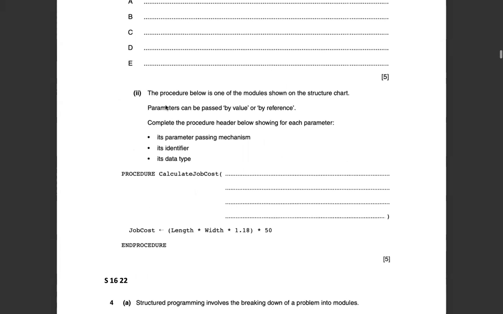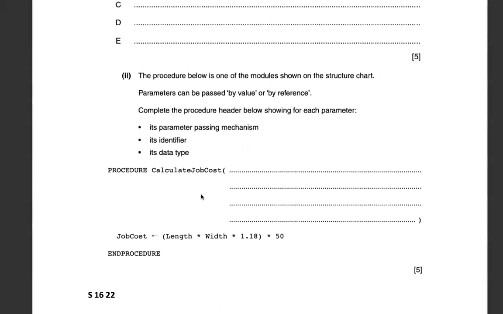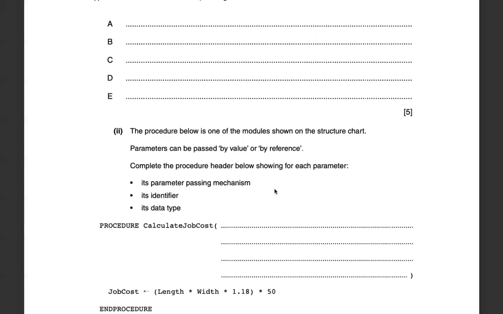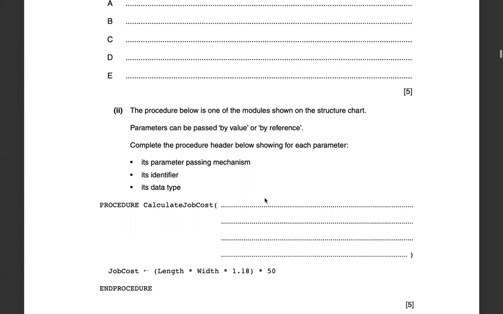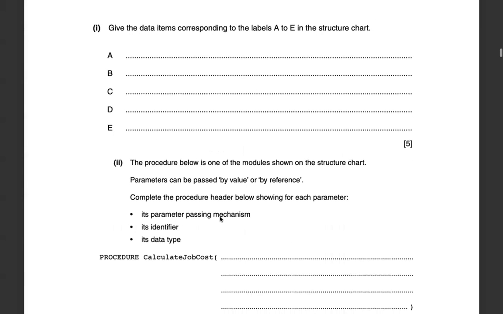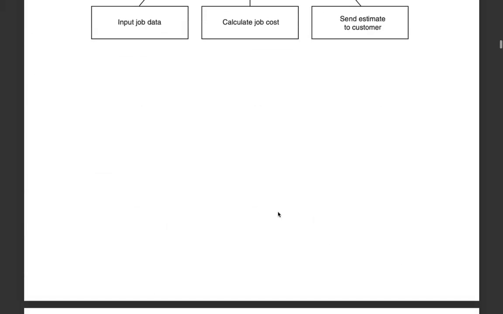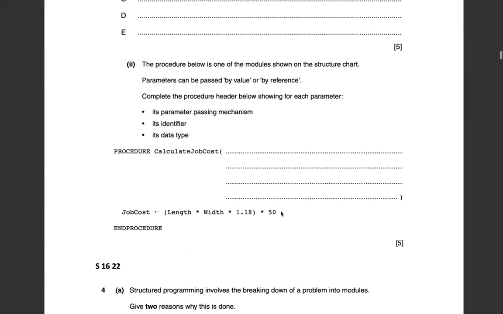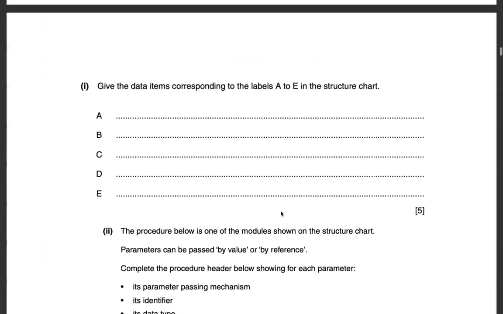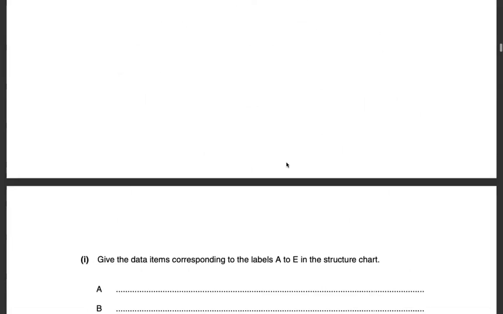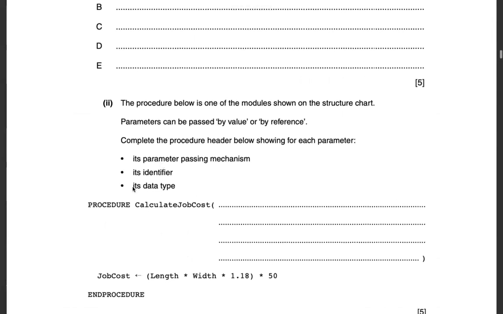Okay, the second part of this structure chart requires us to create a procedure header for the procedure calculate job cost. Now here's the weird part. It's supposed to be returning a value, and still, despite that, it's called a procedure.